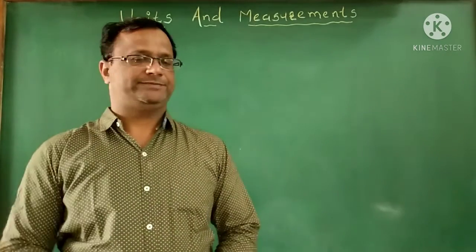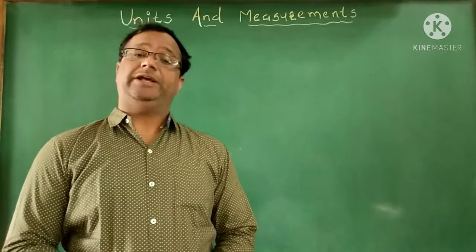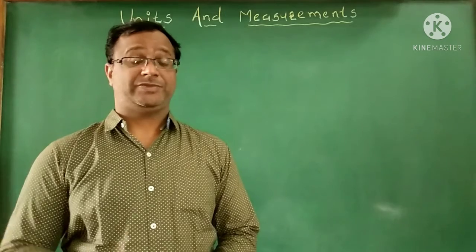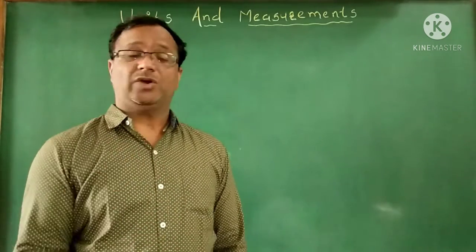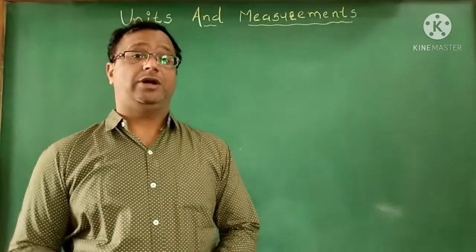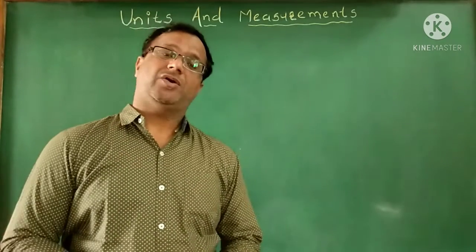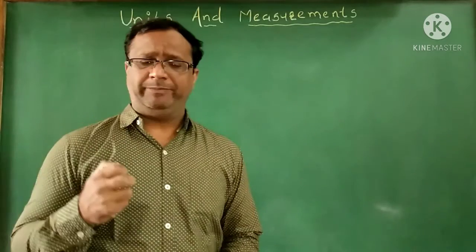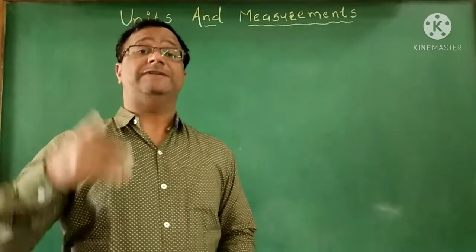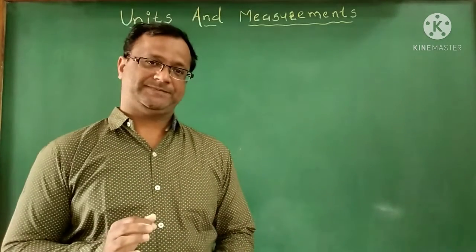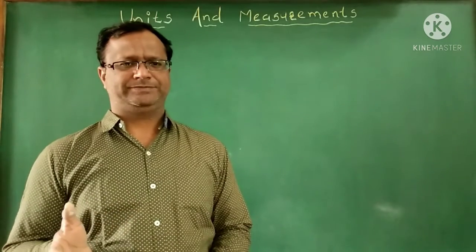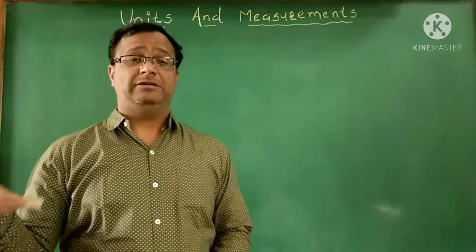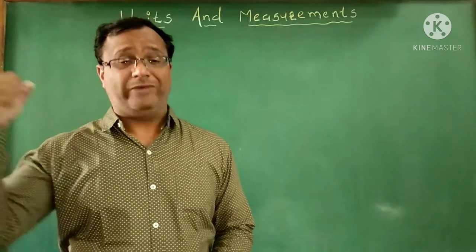In physics, there are two types of quantities. First one is the physical quantity and second one is the non-physical quantity. Here, physical quantity means the quantity which is measurable. For example, force, length, velocity.